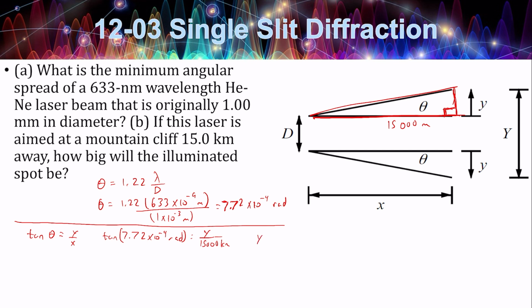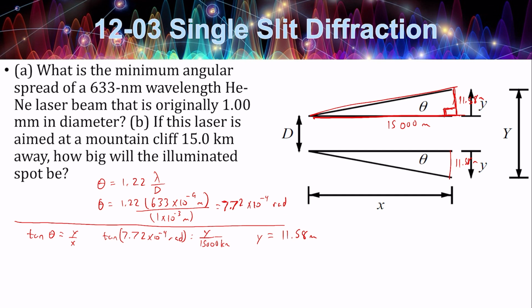Multiply by the 15,000, and you should end up with 11.58 meters for y. So this is 11.58 meters. We can use symmetry and say this is also 11.58 meters.